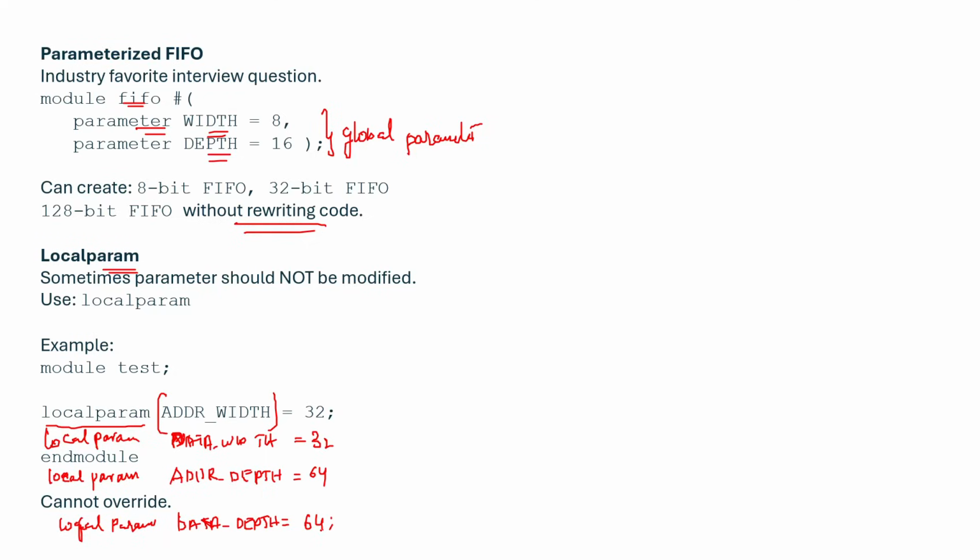All these are local parameters. Within the module only you can use them. Outside the module you can't override them, because the name itself is local, right? So local means within the module. Whatever the module we have, in the same module we can use it.